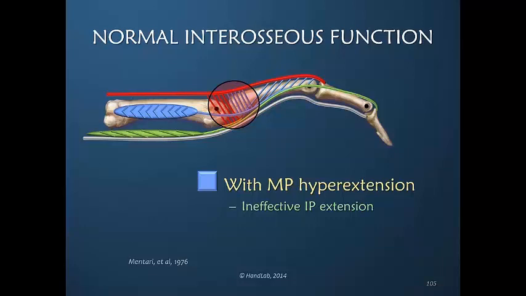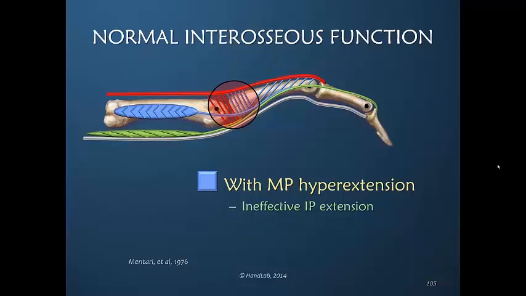That means that in this position, when the interosseous muscle contracts to supposedly pull through the oblique fibers to extend the finger, it simply cannot do so because the dorsal apparatus is already as far proximal as it will go.